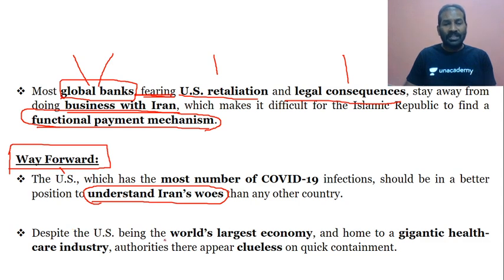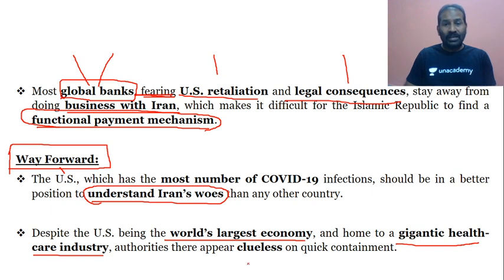And the US, as the world's largest economy, which also has a gigantic healthcare industry compared to any other country, has economic stability and the best health infrastructure in the world.